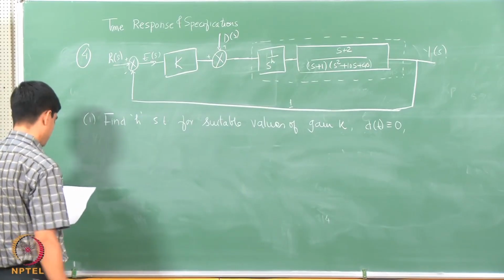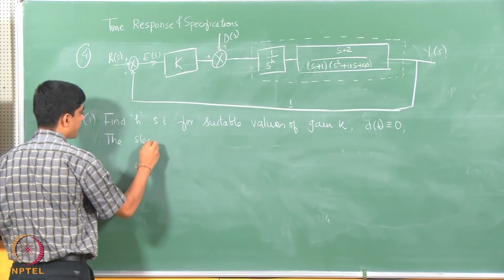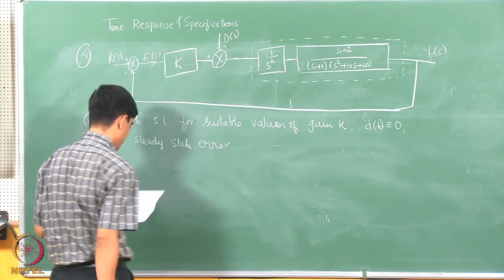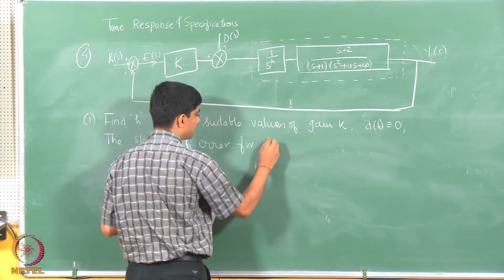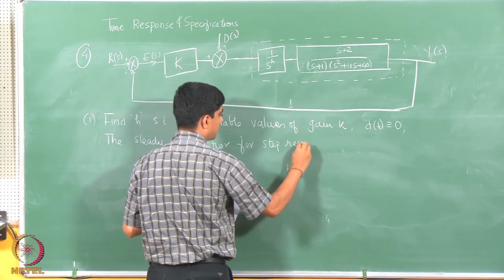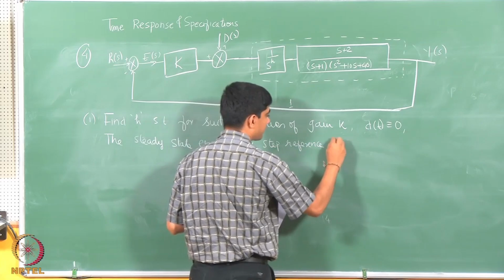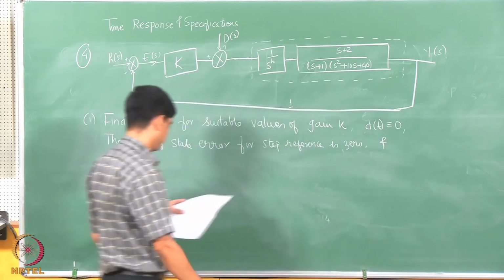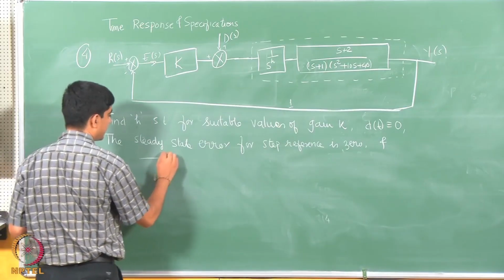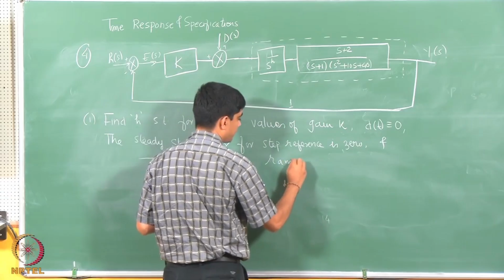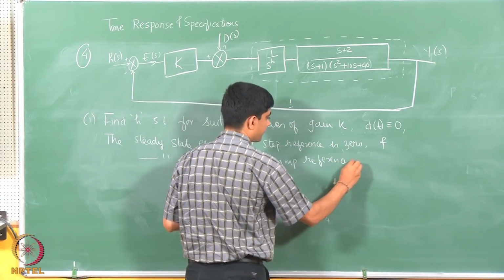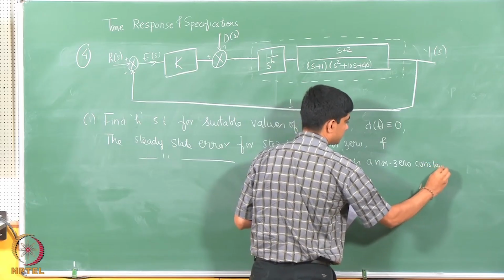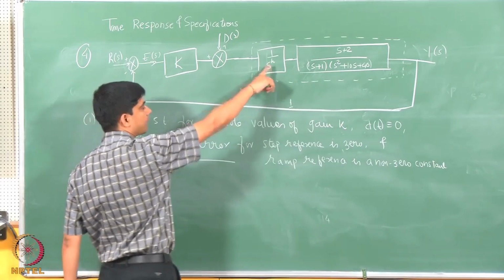So, h should be such that the steady state error for a step reference or step input is 0, and the steady state error again for a ramp reference is a non-zero constant. Okay. Which means we are just interested in finding the type of the system.